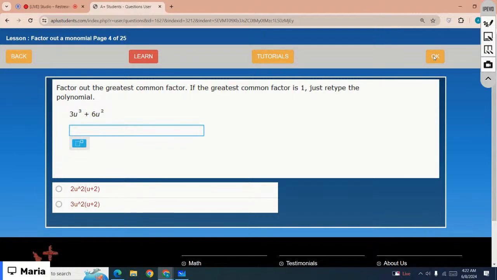So which is the correct option? The correct option is option number 2, that is 3u squared times u plus 2.